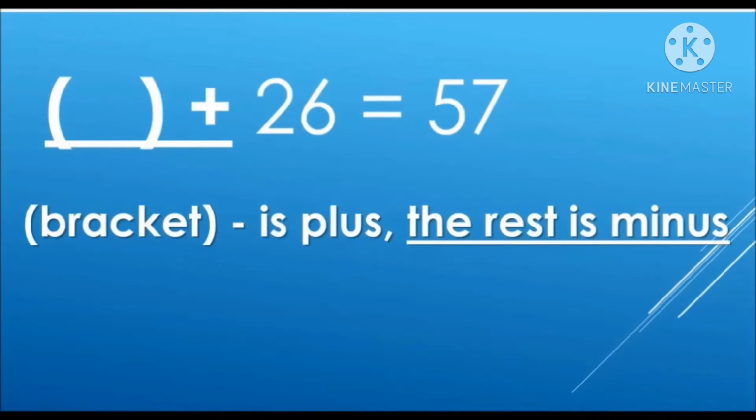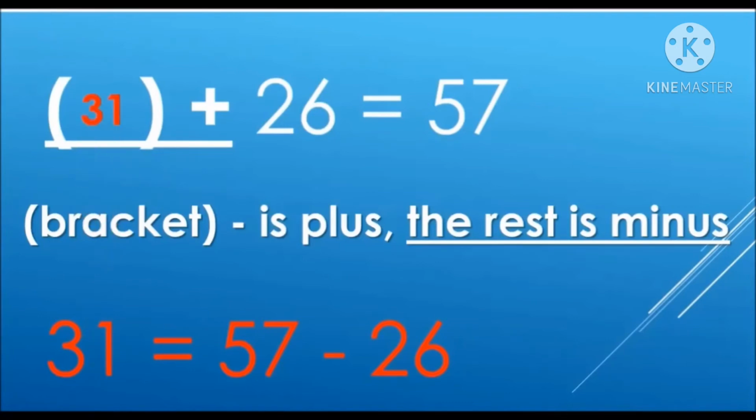Since it is not a bracket minus, it is the rest. So to find the missing number for this equation, we need to minus, because the rest is minus. So 57 minus 26 is equal to 31. So the missing number for this equation is 31.